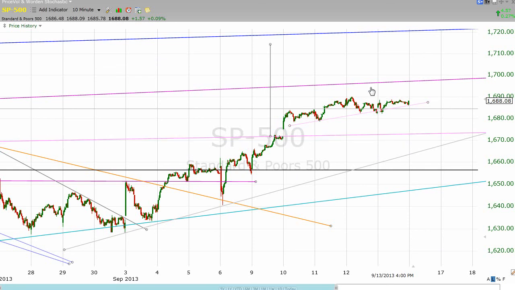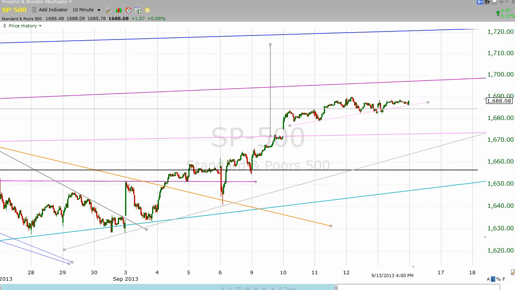So coming into the week where we start trading on 9/16, let's see if the S&P first has the strength to get up to our neckline, which would be in the high to high mid 1690s. And if we get up there, would we be surprised by a move over this line that should produce some resistance?